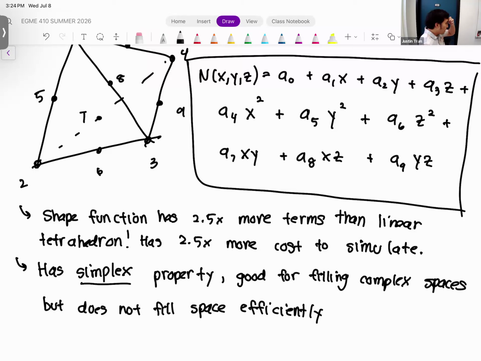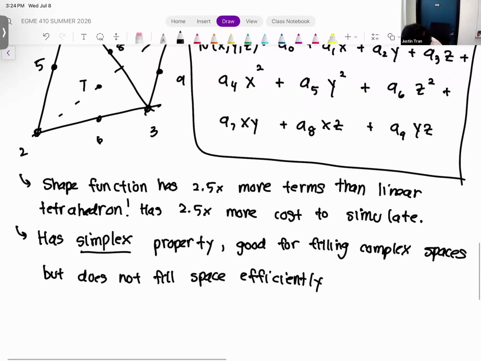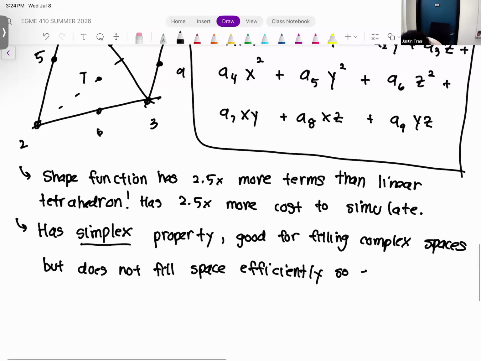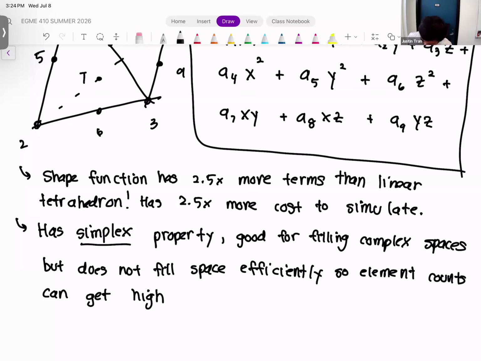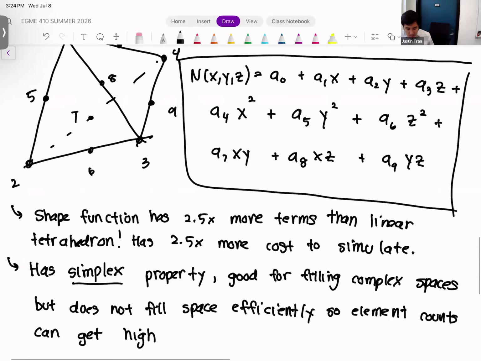So for a given element size, if you're using a quadratic tetrahedron, your mesh element counts will be fairly high, just because it takes more tetrahedrons to fill a space than hexahedrons.